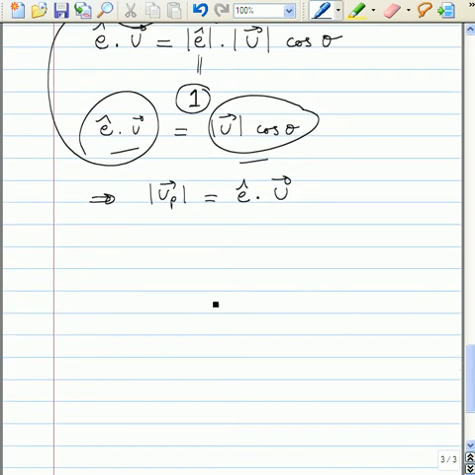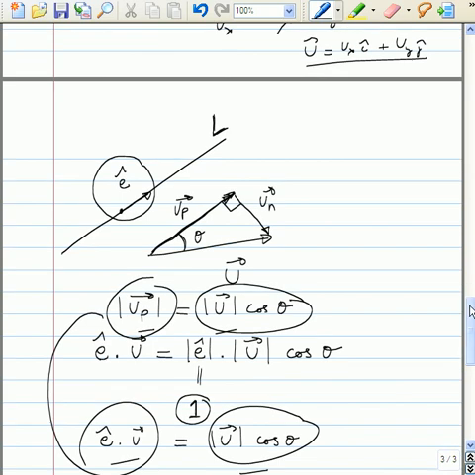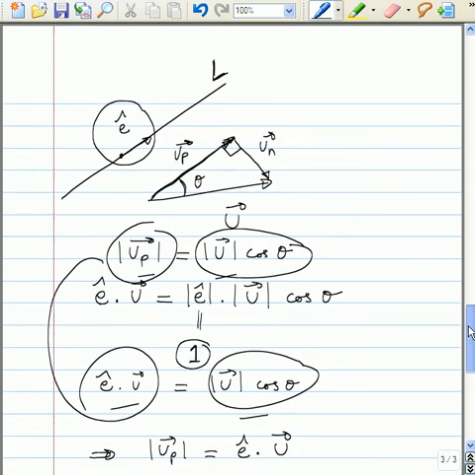Now we can go back to the definition of vector. We can write the vector up in terms of its unit vector. So vector up is in general magnitude up times its unit vector. And the unit vector e_up is exactly the same as the unit vector E, because those two vectors are parallel to each other.